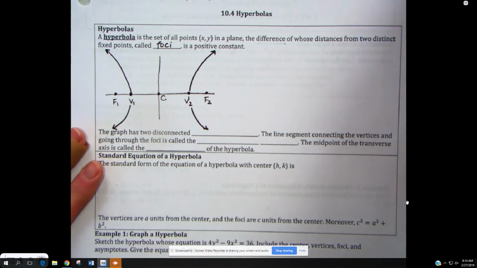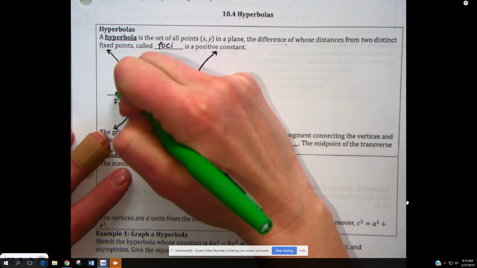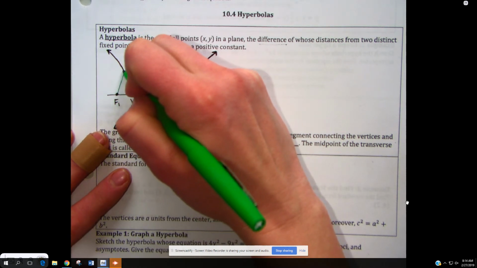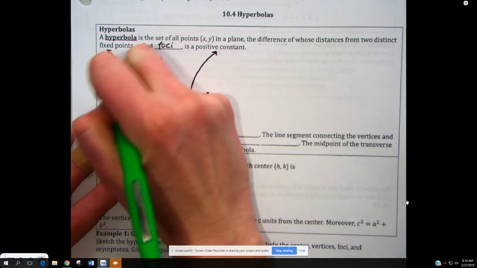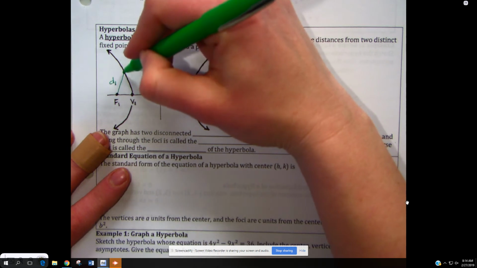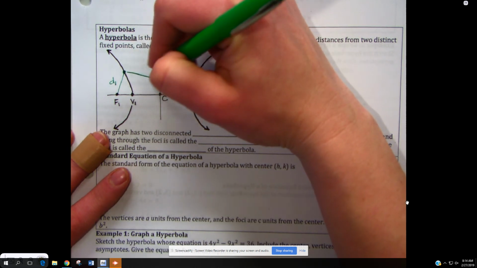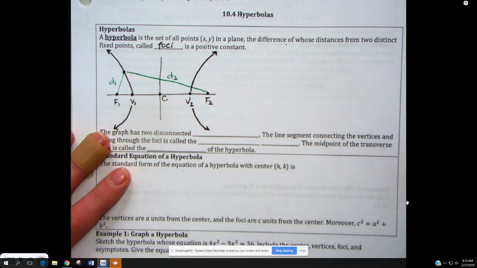The distances that they're talking about in the definition: if you were to measure the length from focus 1 to any point on your hyperbola, we'll call that distance 1. And then if you were to measure from that point, again, but this time all the way to the second focus, we'll call that distance 2.